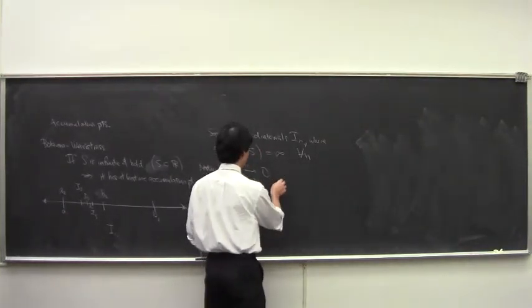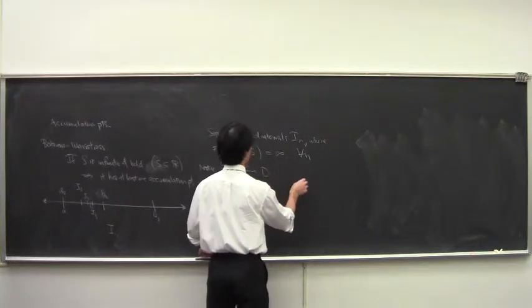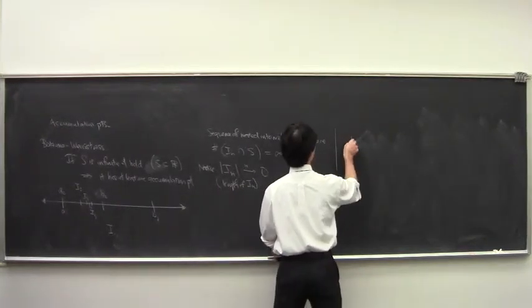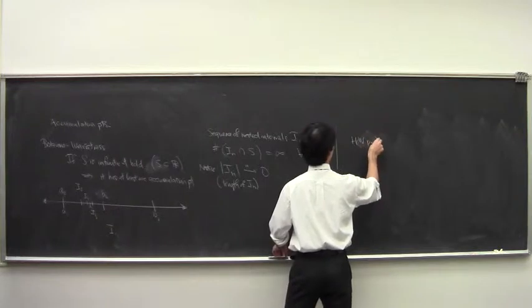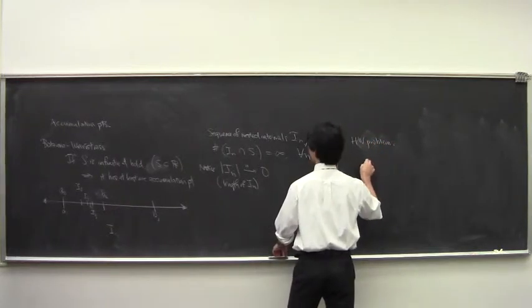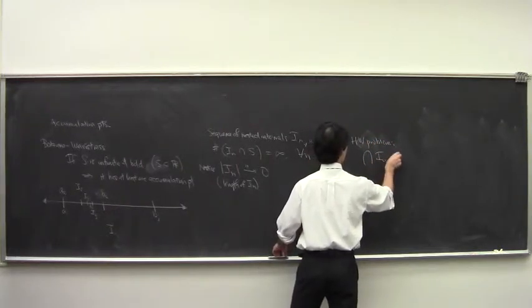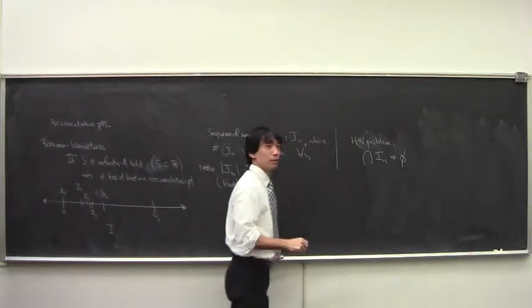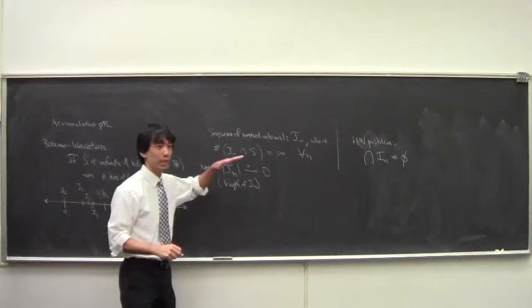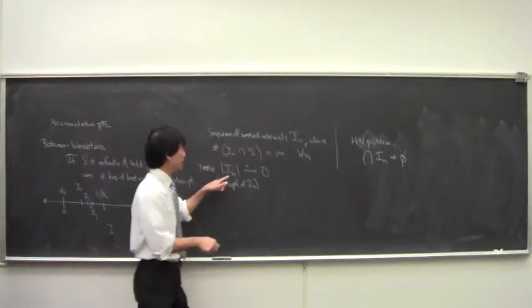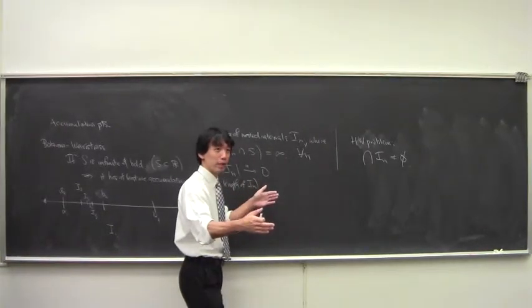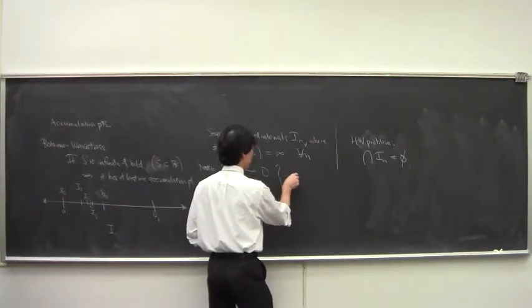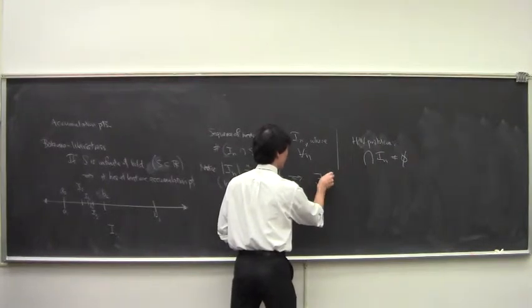And so one of your homework problems is that the intersection of the I sub n is non-empty, right? So there's somebody in there, right? And since the lengths of the intervals go down to 0, this tells you that there's only one point.